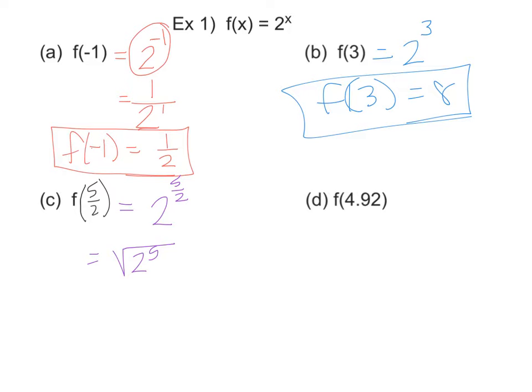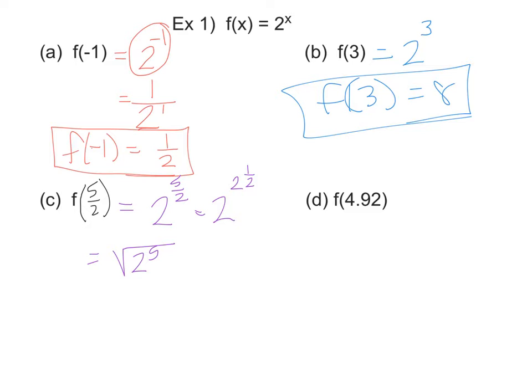Exact answers. So whenever you're going through and working these problems, this 5/2 exponent right here, you need to break that down. Anytime you have a fractional exponent where the exponent on top is higher than the radical, then you need to break that down first. So whenever you have this 5/2, you can actually write that as 2 to the 2 and 1/2.